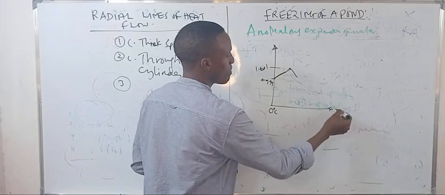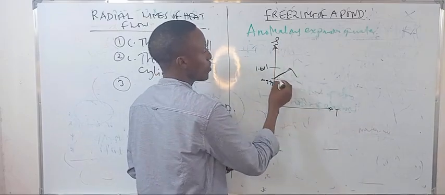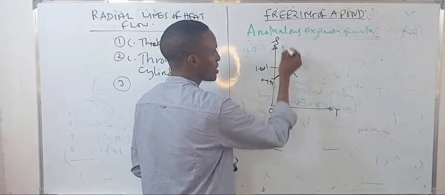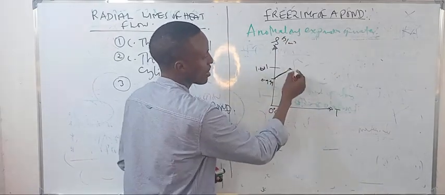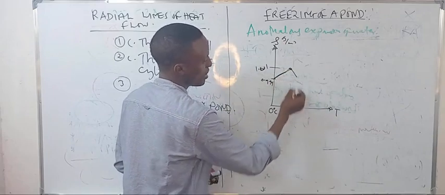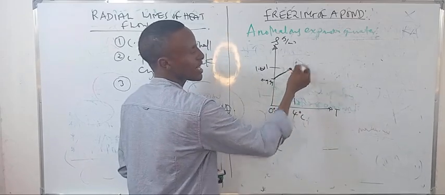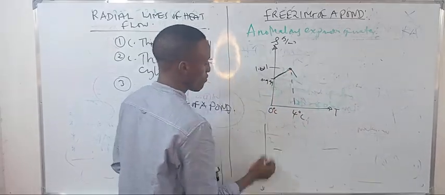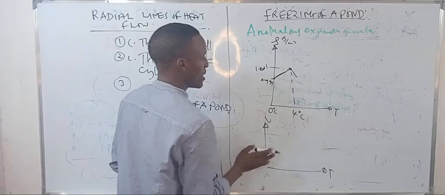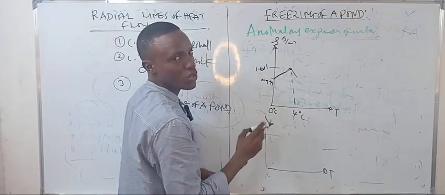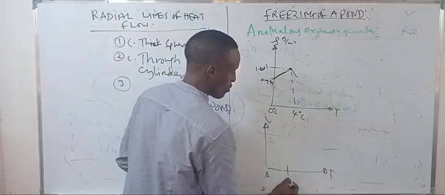If this is the temperature axis and this is the density axis, the density is in gram per centimeter cubed, but in kilograms per meter cubed it is 1,000. From 0 to 4 degrees centigrade, the density increases. If you draw in terms of volume, with volume against temperature, the volume tends to decrease instead of increasing from 0 to 4 degrees centigrade.